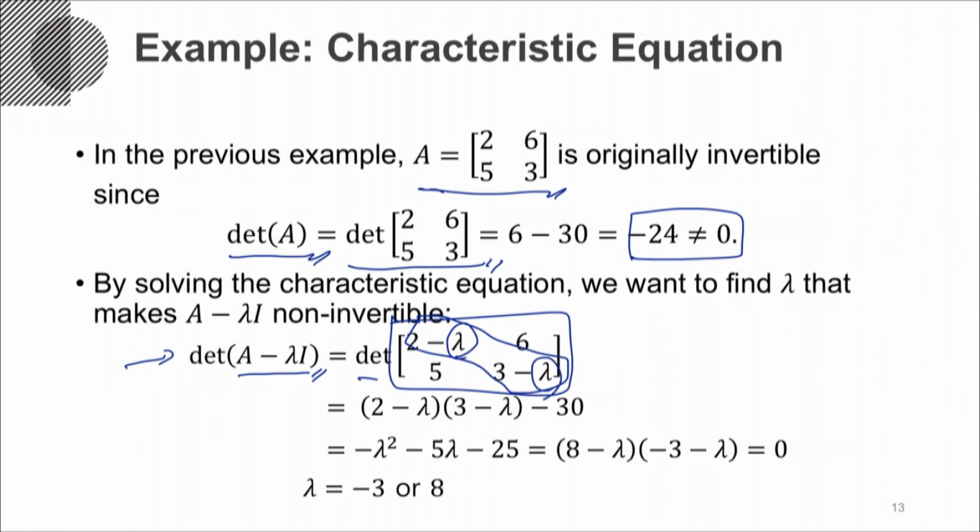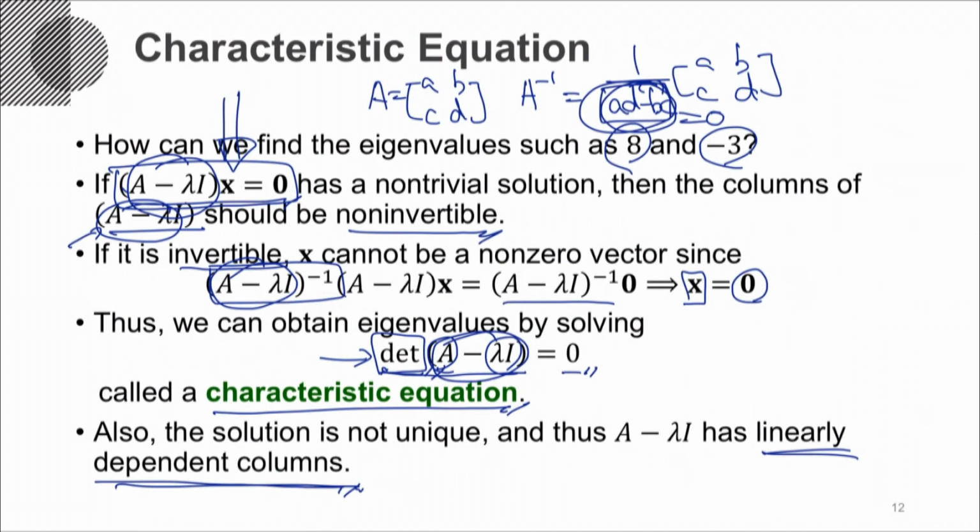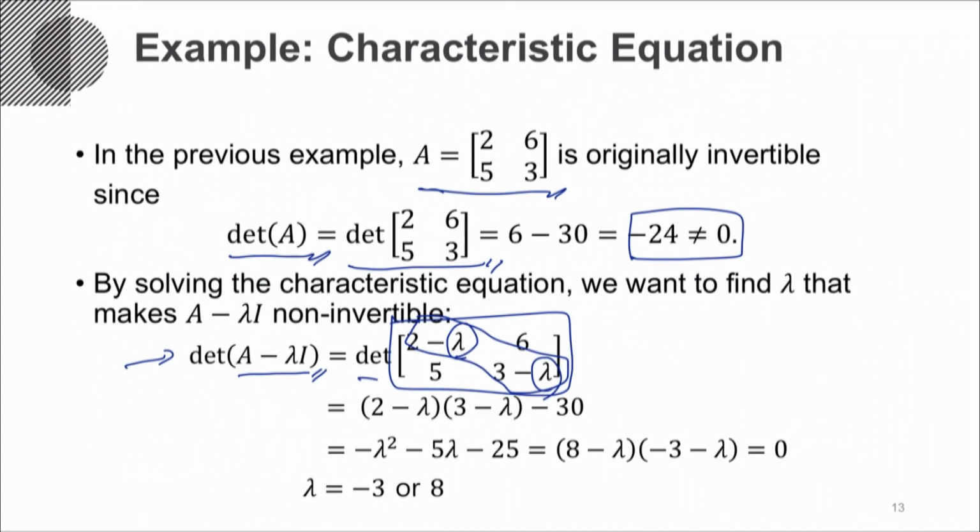Let's apply the determinant formula for the 2 by 2 case, which is AD minus BC. This is AD and this is B times C, and if we evaluate this equation, we obtain the solutions minus 3 or 8, which were our eigenvalues that we observed in the previous slides.